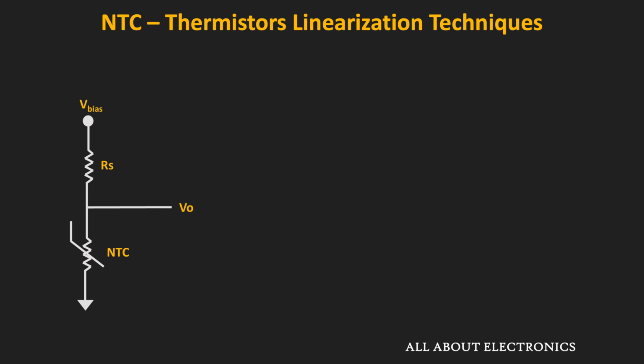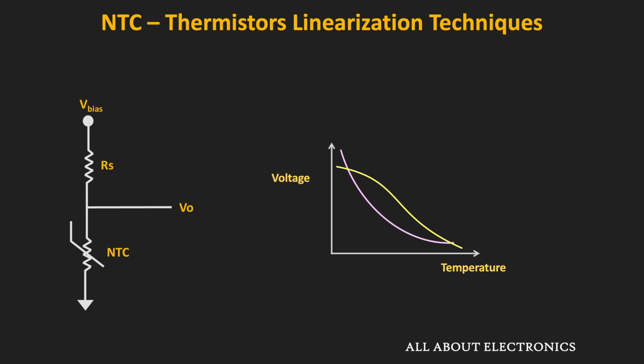In the earlier constant current biasing, this was the voltage versus temperature curve, and as you can see, it was nonlinear. But here, we will get this S-shaped response with the turning point in the center. This turning point will occur at the temperature where the resistance of the series resistor is the same as the resistance of the thermistor.